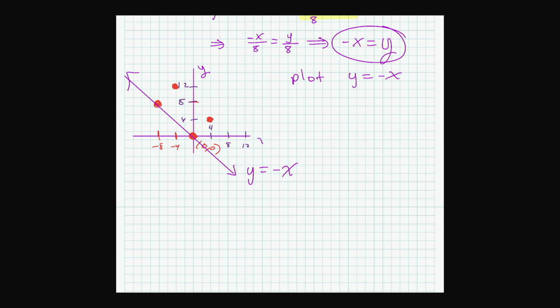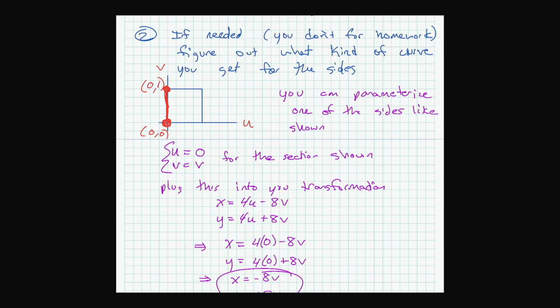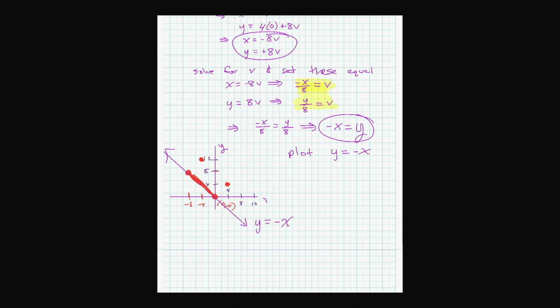And this section must be the section that corresponds to this section. So you could do that for each of the four sides, and that's how you would know if the sides were curved or straight or whatever, right? Because this is a straight line. So on this problem, the sides are straight, but not always.